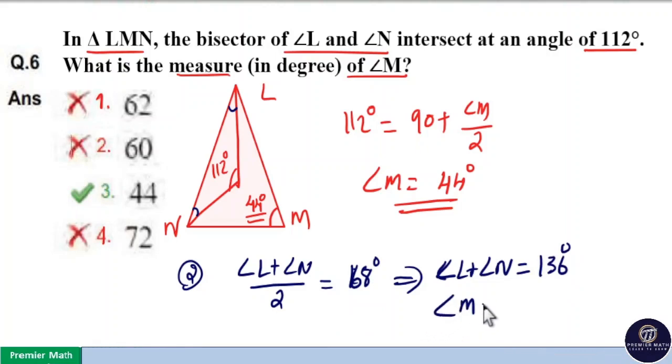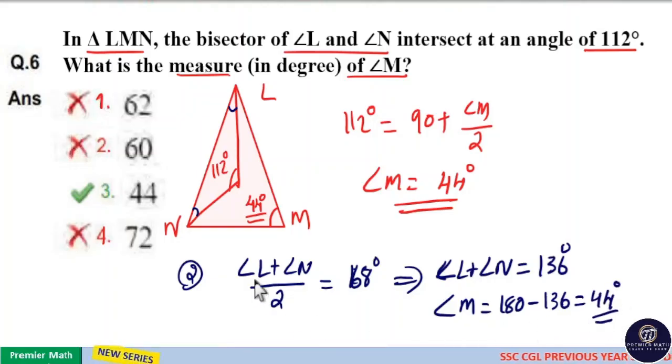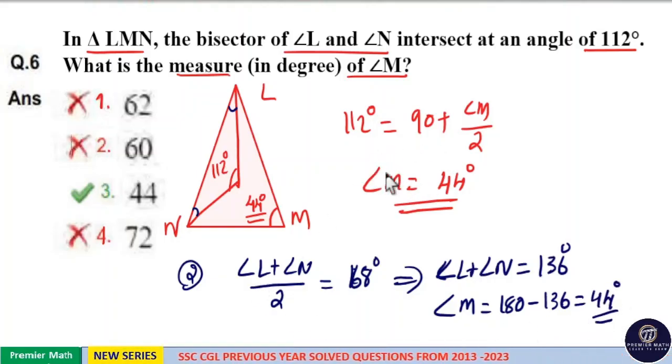Then angle M is equal to 180 minus 136, which is equal to 44 degrees. So if you know this concept, you can calculate it in 1 or 2 seconds.